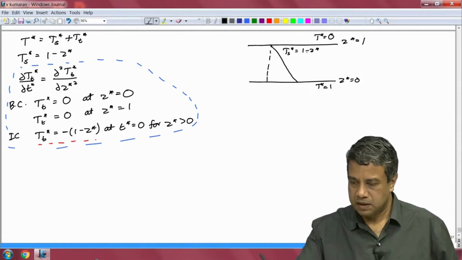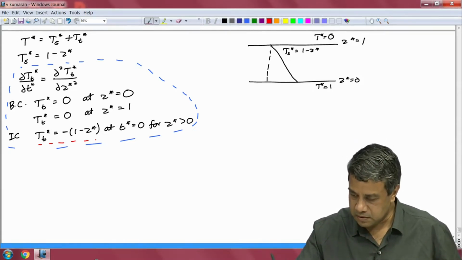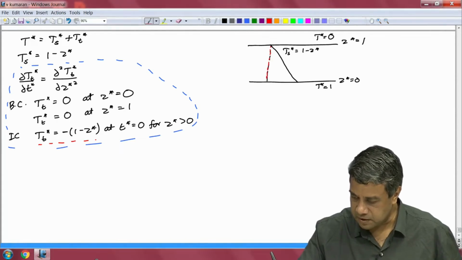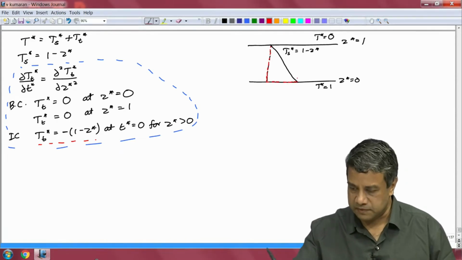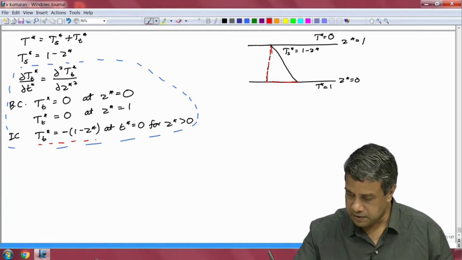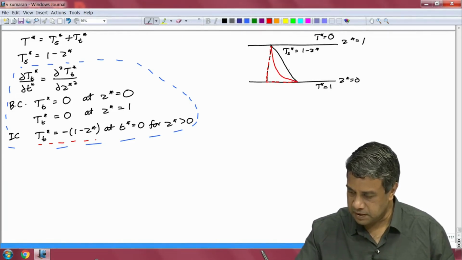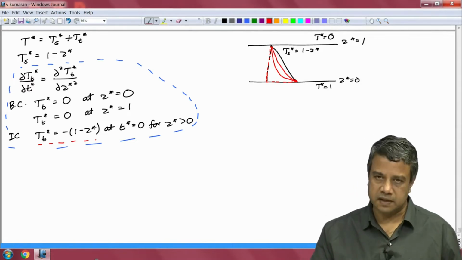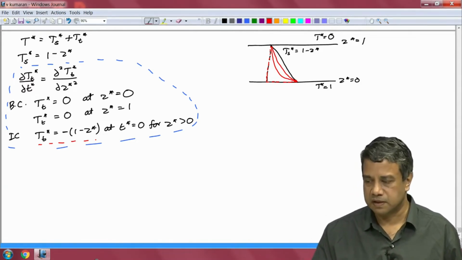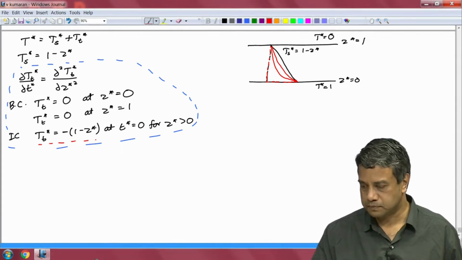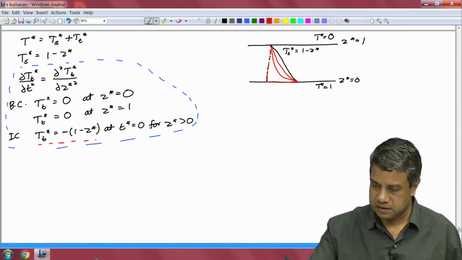Initially, you would expect the solution to be a step function because it is 0 throughout the domain and 1 only at the bottom surface. As a function of time, this temperature field evolves until it reaches its final steady state, and we would like to find out how it evolves in time by solving these equations.